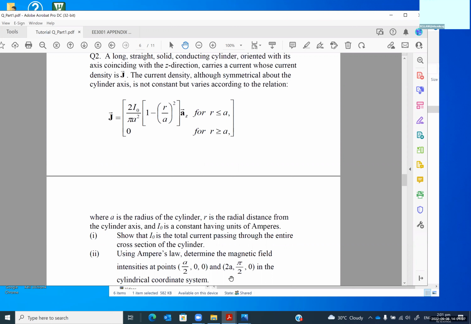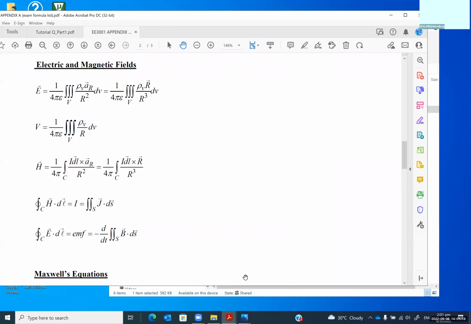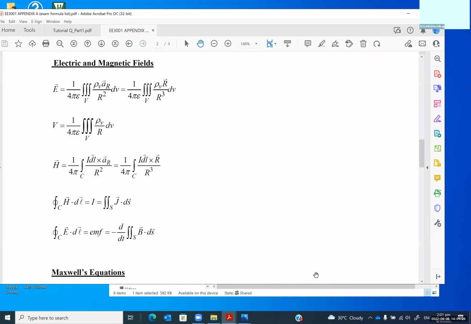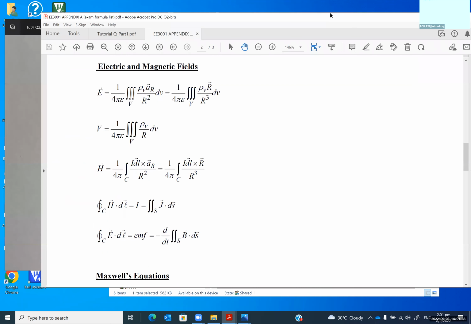Okay, so let's first understand Ampere's law. What is Ampere's law? Let's bring out the exam mathematics again. You don't have to memorize it. Which one of these is Ampere's law? Yeah, the fourth one.